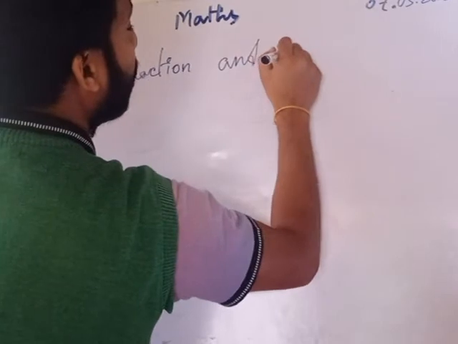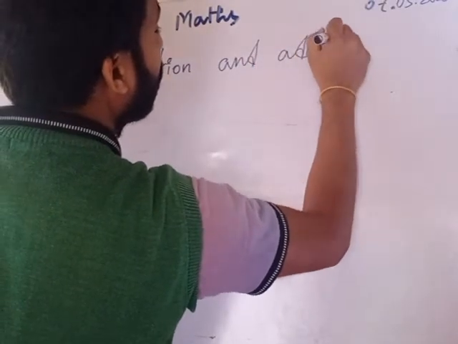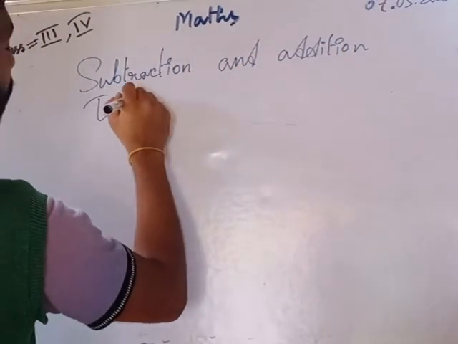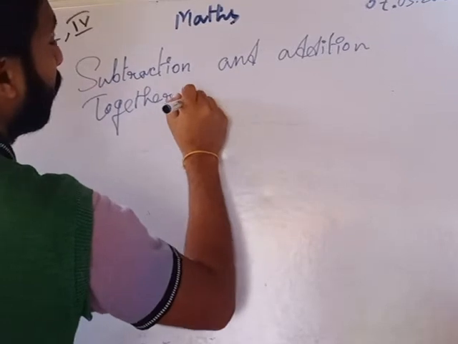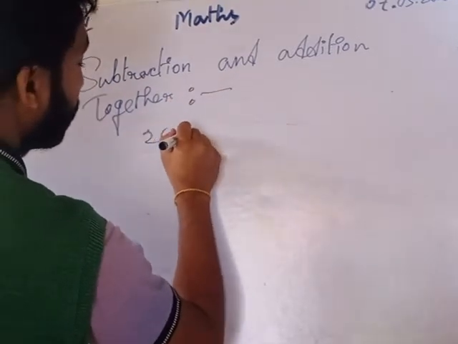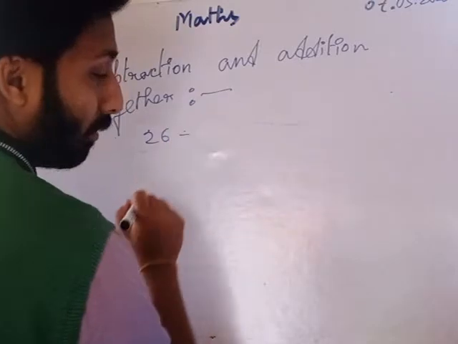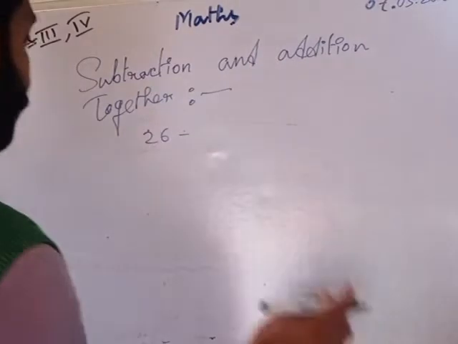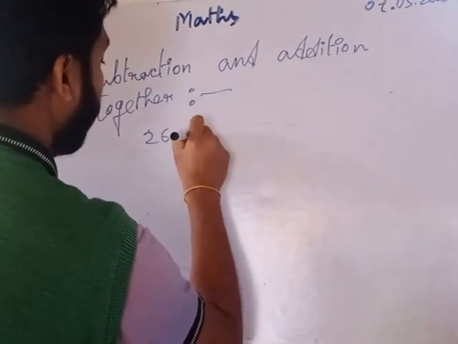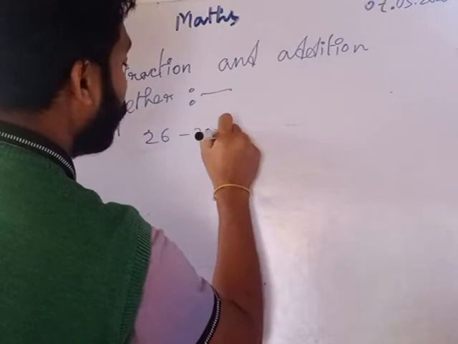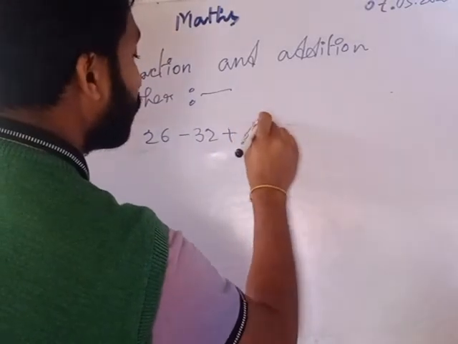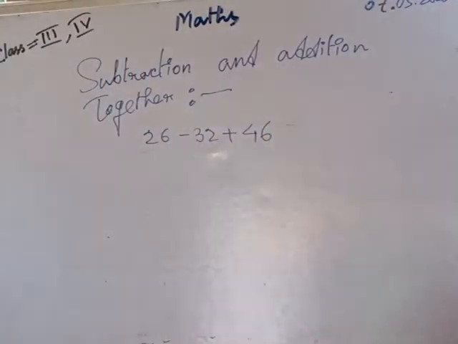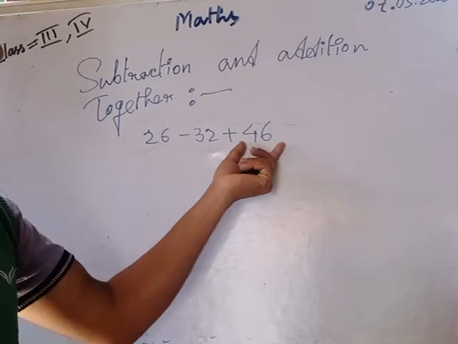Subtraction and addition together. Suppose it is 26 minus 32 plus 46. Right over here, subtraction and addition are both there.